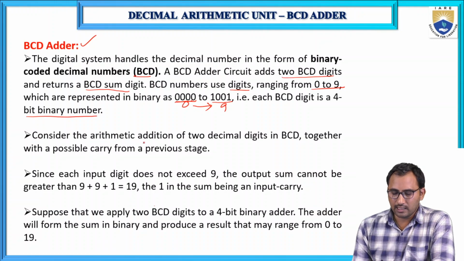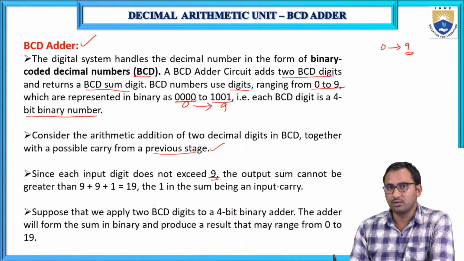So consider the arithmetic addition of two decimal digits in BCD together with a possible carry from the previous stage. Since each input digit doesn't exceed 9, because in decimal numbers the maximum is 9, if you add any two numbers like A and B, the maximum number is 9 and the minimum is 0.